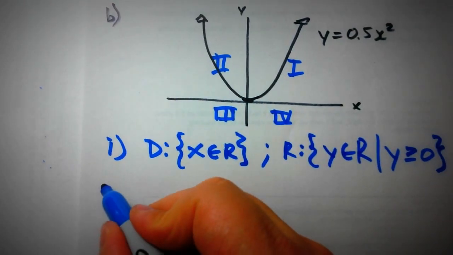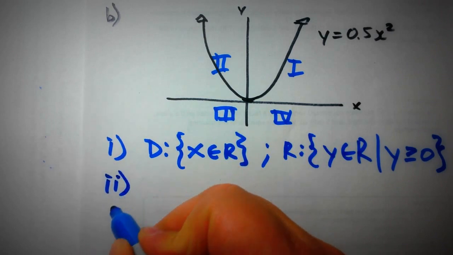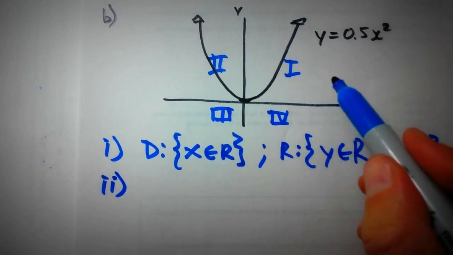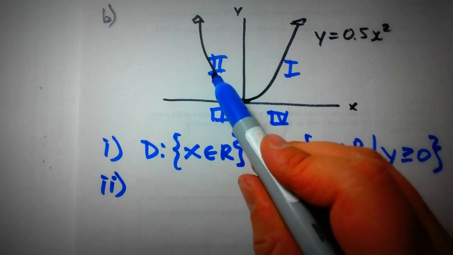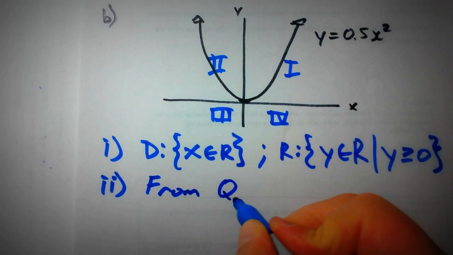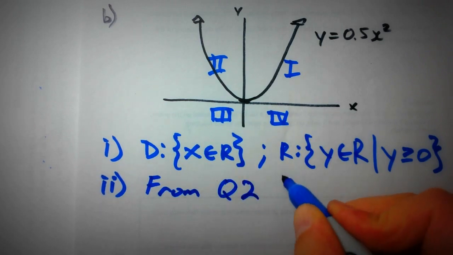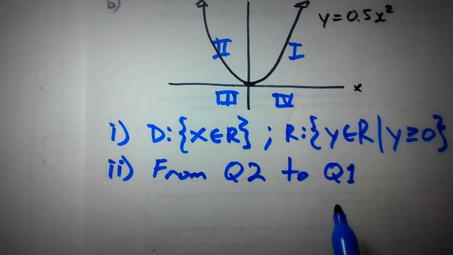Good. Now let's describe the end behavior. This is an even degree power function, so it's moving from quadrant 2 to quadrant 1, Q2 to Q1. You can write it this way too if I ever ask you a question like that.